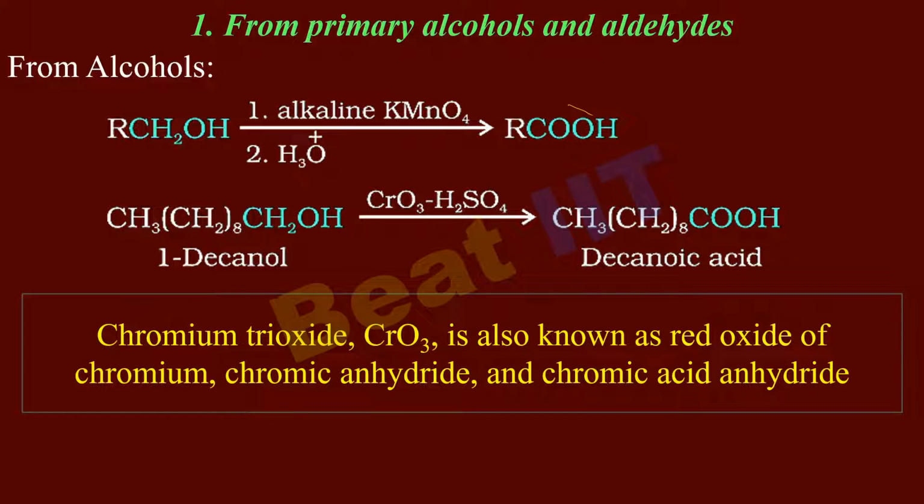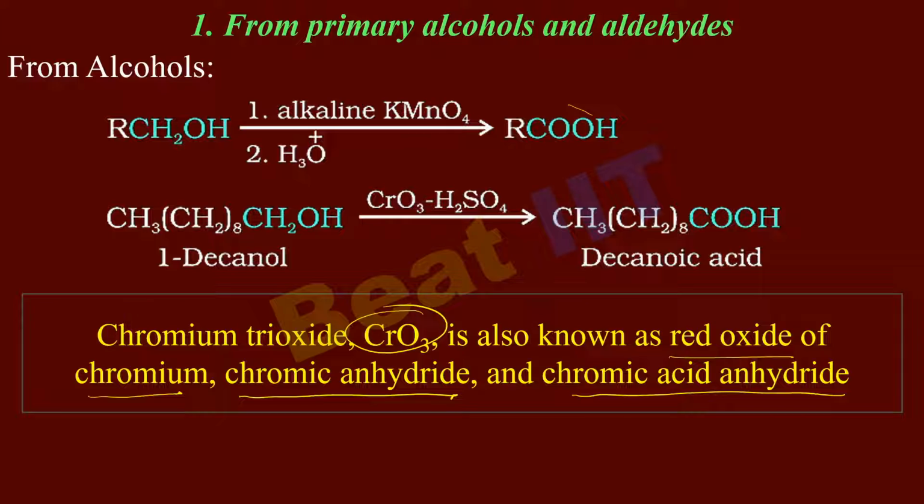Chromium trioxide is also known as red oxide of chromium, chromic anhydride, or chromic acid anhydride. Remember, it is not chromic acid, though sometimes it is written as chromic acid.